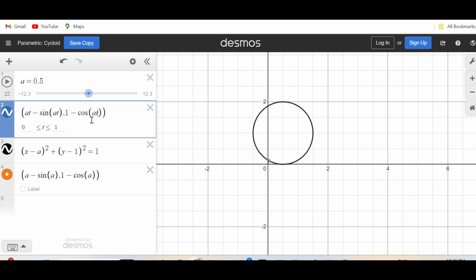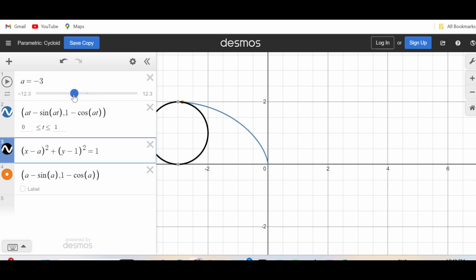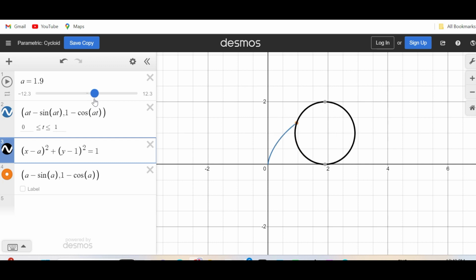A is a constant, and t varies from 0 to 1, and after simplifying we will get a circle having a center that is a comma 1, and radius that is 1. If I vary the value of a, you can see the path, this path is known as cycloid.